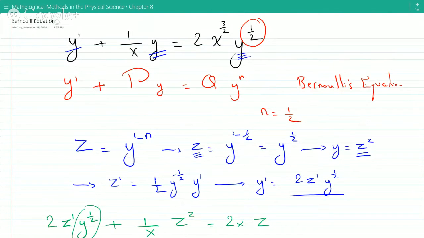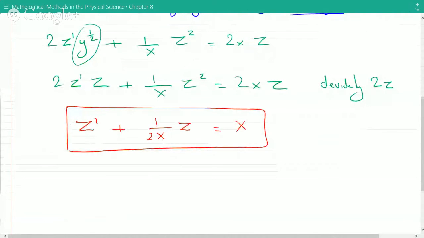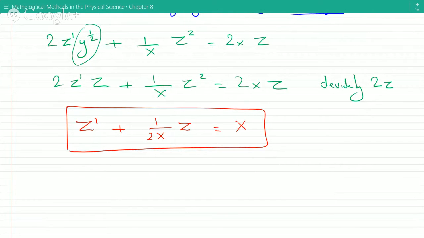I get it, because that's the whole point of the Bernoulli, is to get the dependent variable linear. Mm-hmm. All right. So it's to turn a nonlinear equation into a linear equation.